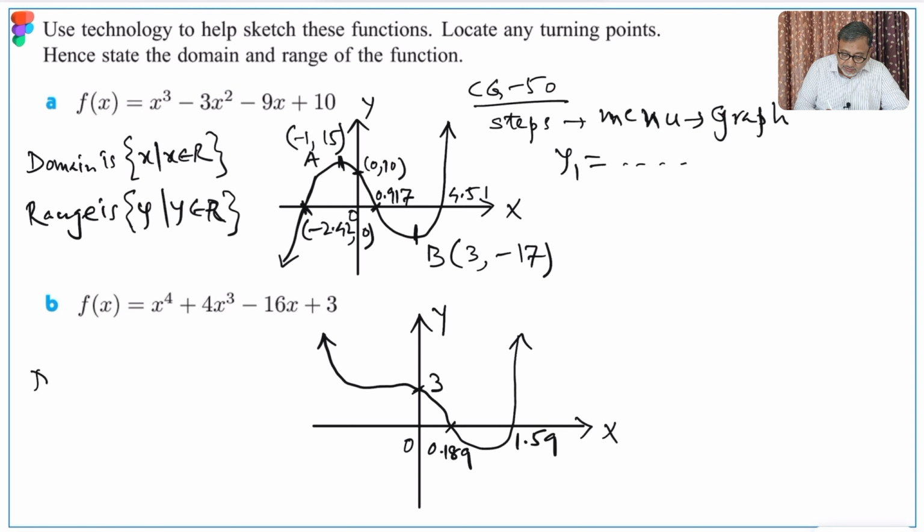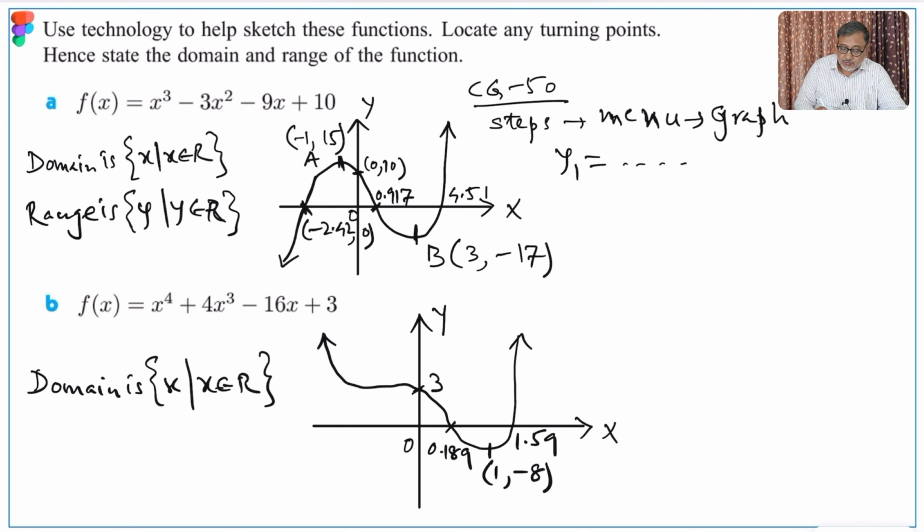So from the graph, what do you see? What is the domain and what is the range? Yeah. X, again, it is everywhere, so x belongs to R. But y is not everywhere. Let me find the minimum point on this graph. Yeah, the minimum point is here, 1, negative 8.